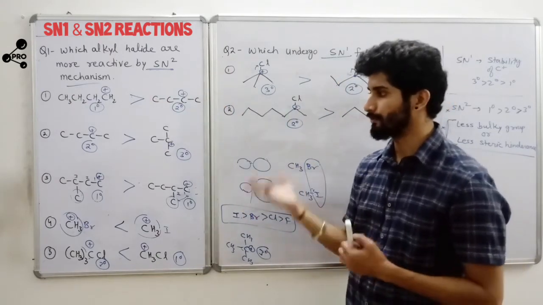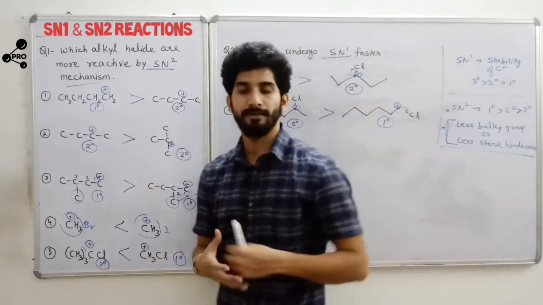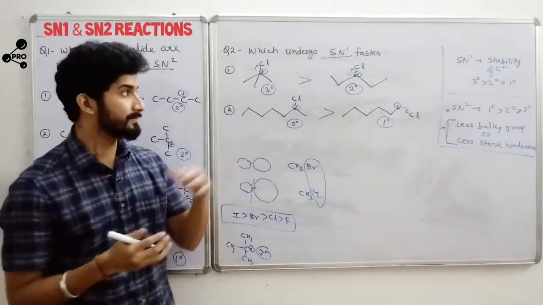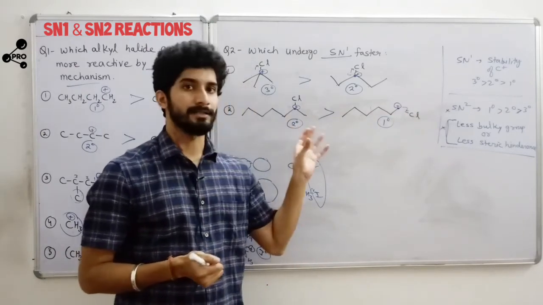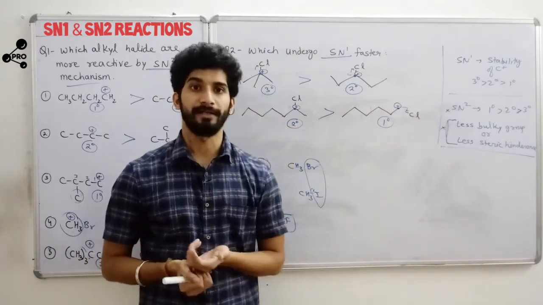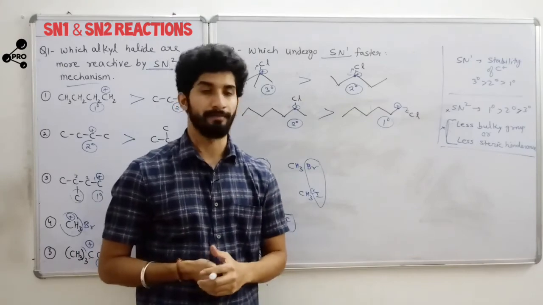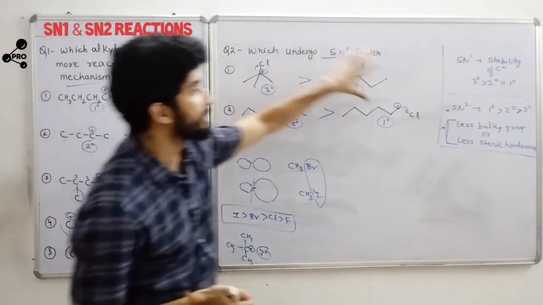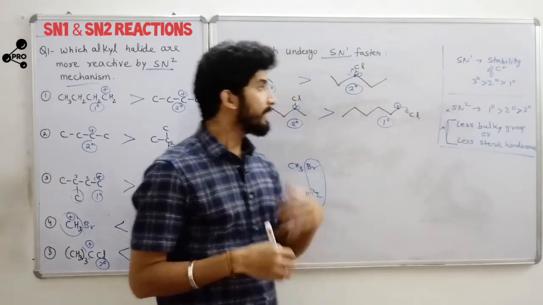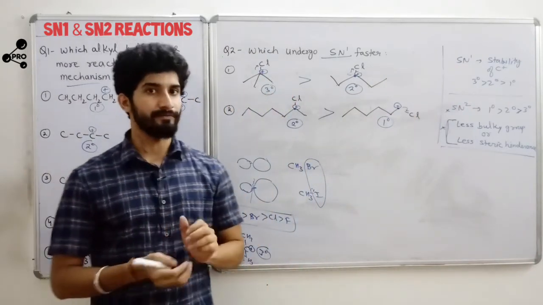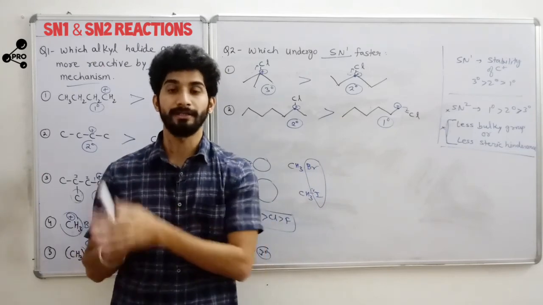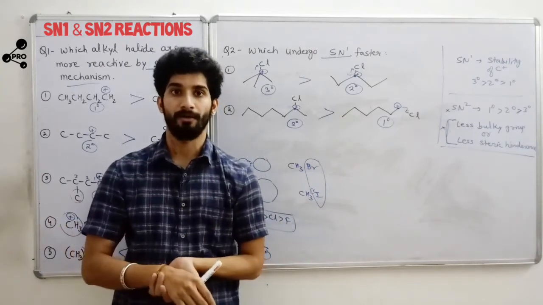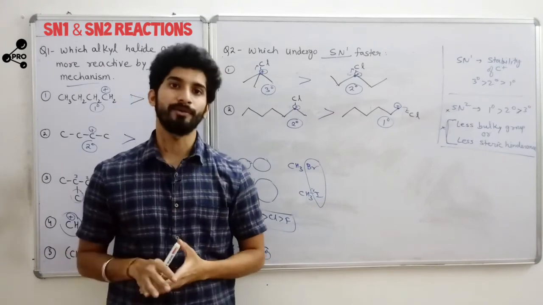These are the questions generally asked in competitive examinations as well as board examinations. Sometimes 3 or 4 compounds are given and you have to arrange the increasing or decreasing reactivity order. You can easily do that by remembering these 2 concepts. There are many more things about the SN1 and SN2 mechanisms, like configuration, stereochemistry, retention and inversion, but in this class I am not talking about these.